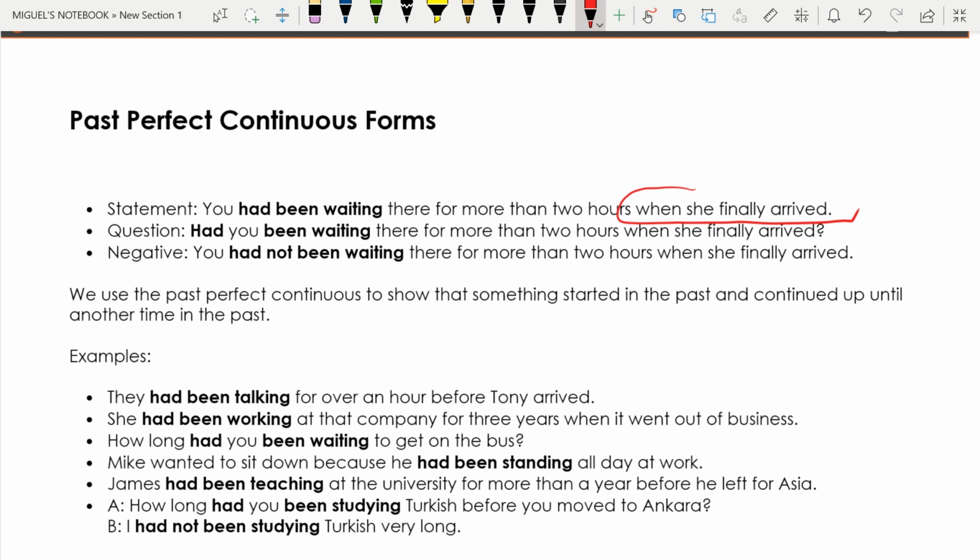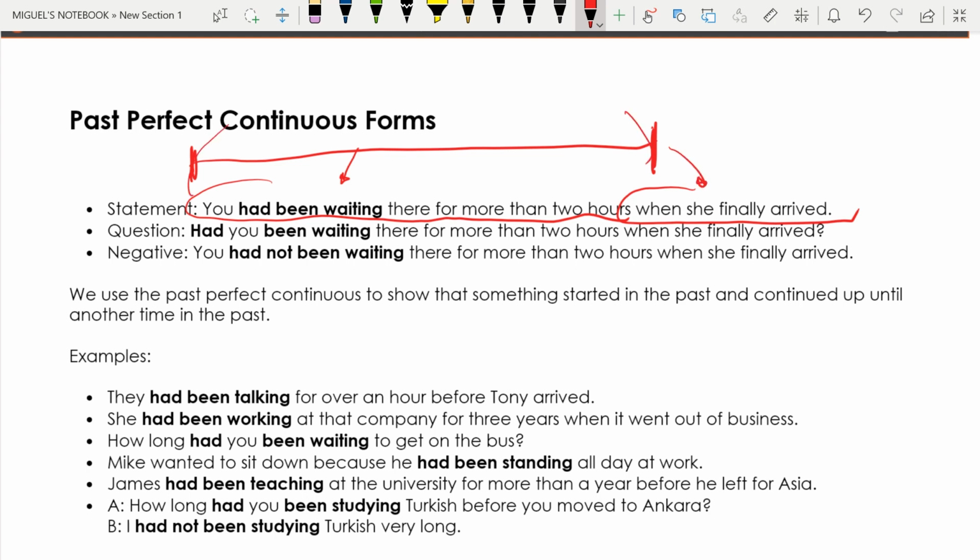So, this is an action in the past when she finally arrived. But then you have another action in the past. You had been waiting there for more than 2 hours. So this action started here and it lasted until this point when she finally arrived. So during this period, you had been waiting.